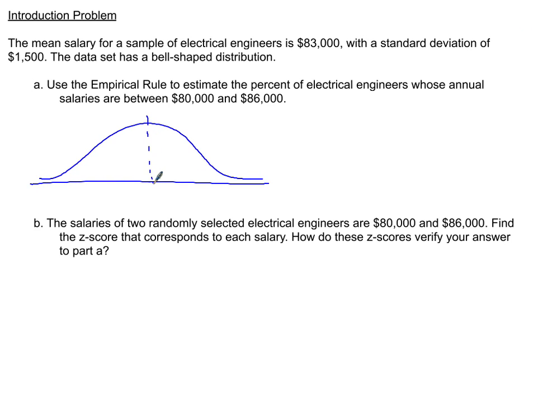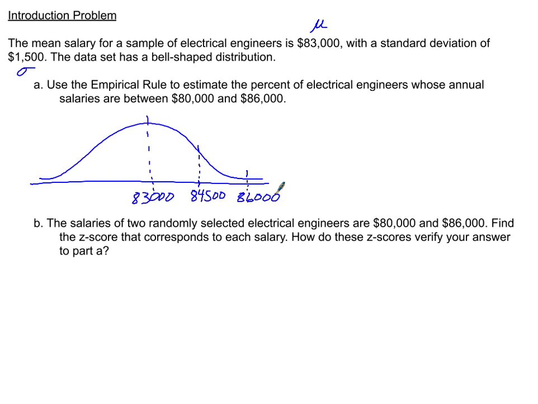right in the center will be our mean, which was given to us as $83,000. And if it has a standard deviation of $1,500, we can add that standard deviation to the mean once to get our first value, and again to get our second value.